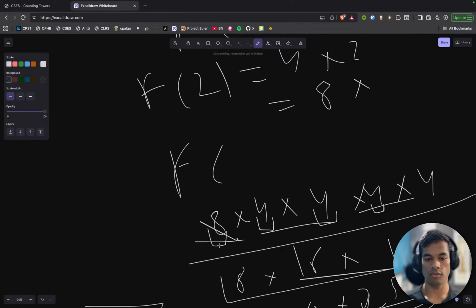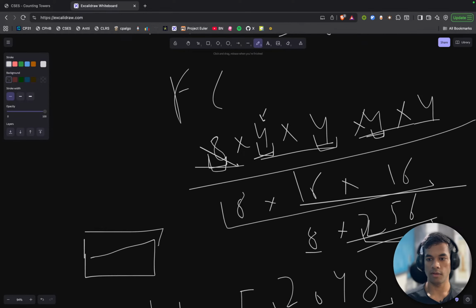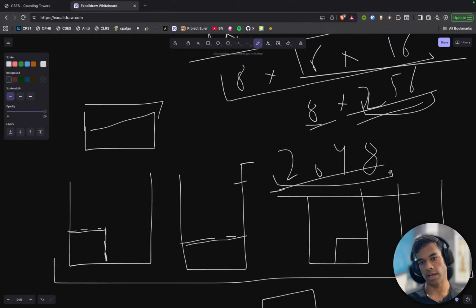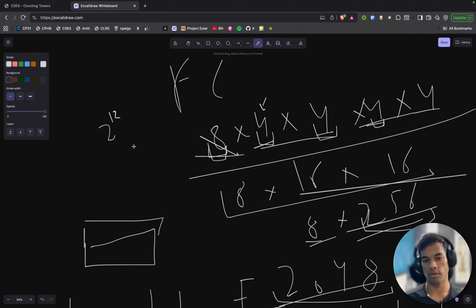And this is for 2. This is correct for 2. And if I multiply this by 4, this is for 3, 4, 5, 6. So that's row 4 into 4, 4, 4, 256. 256 into 8, that is also correct. 2048, which is just 2 power 11, I think. 2 power 10 is 1024.